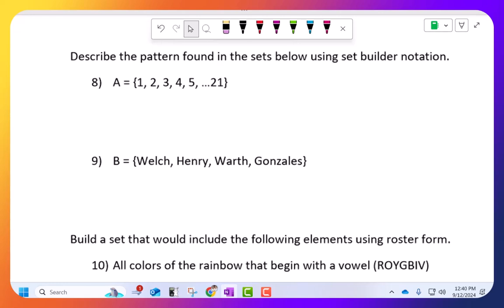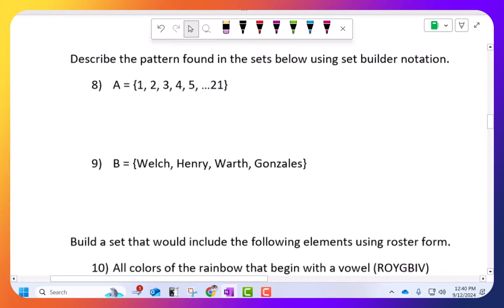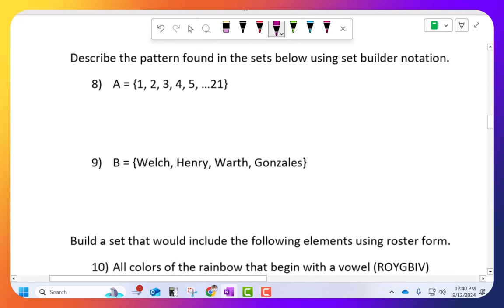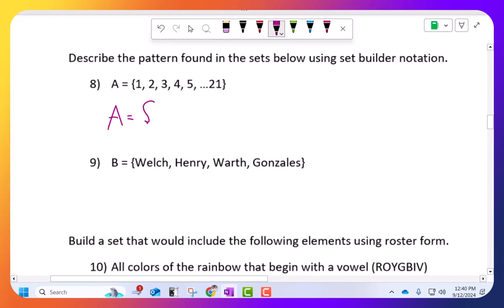I'm going to go ahead and still write down my A equals. Set builder notation is kind of a description of what is in my set. So remember, I write down my x, that's the variable that I'm using. So x such that x is a number, and notice it is a natural number.